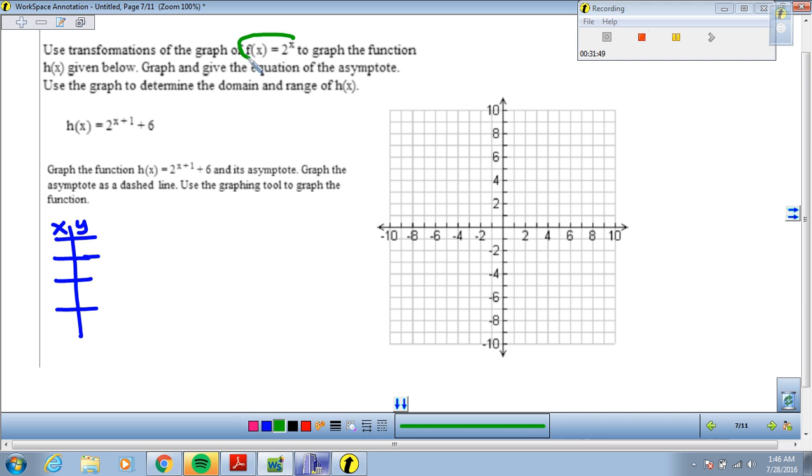What's my original? This one right here, 2 to the x. Using that one, we're going to graph this transformation in the next tables. So here we're going to graph both within the same coordinate plane. We have to graph, give the equation of the asymptote of h of x, and determine the domain and the range of h of x.